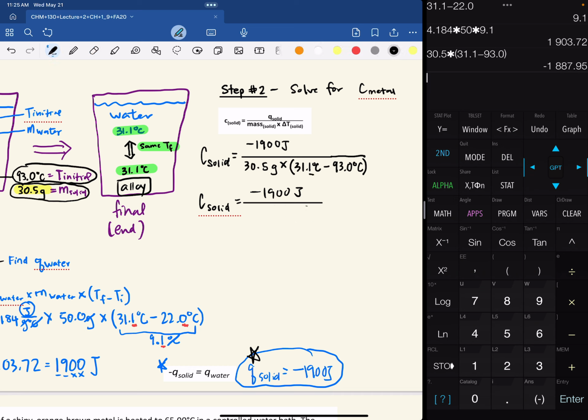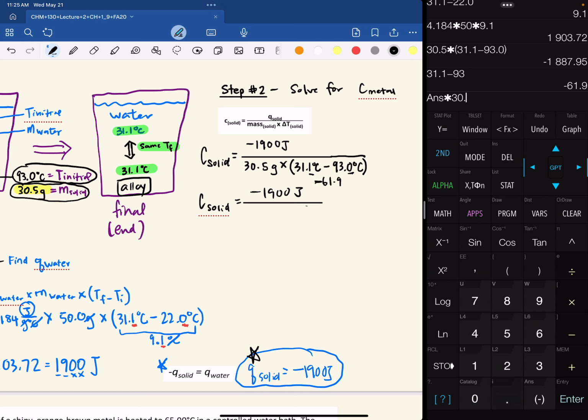If we're doing this first, it should be 1 number after the decimal. So 31.1 subtract 93, and we're going to get negative 61.9. Okay, then multiply that by 30.5.